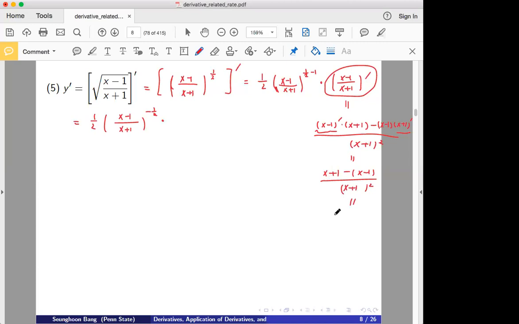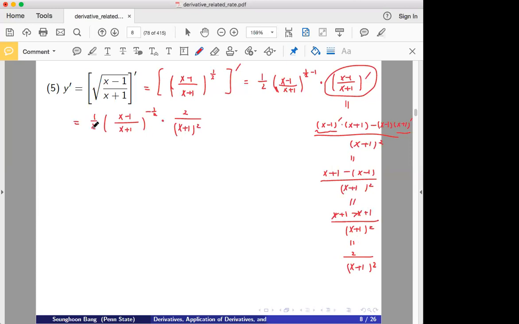You have to simplify the numerator. x plus 1 negative x positive 1, over (x plus 1) squared. x is cancelled. 1 plus 1 is 2, over (x plus 1) squared. So we can plug in here 2 over (x plus 1) squared.